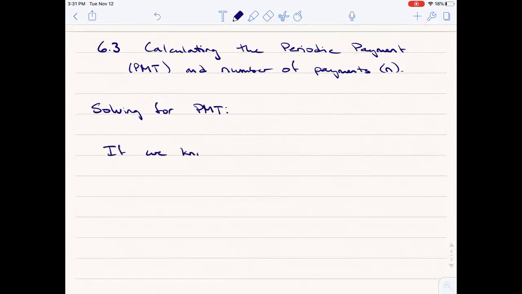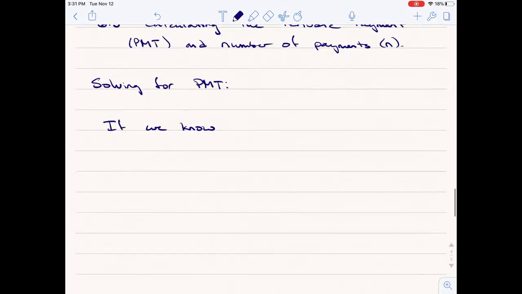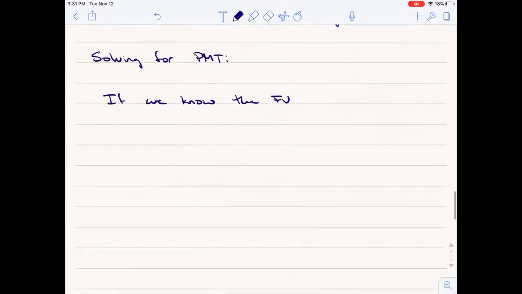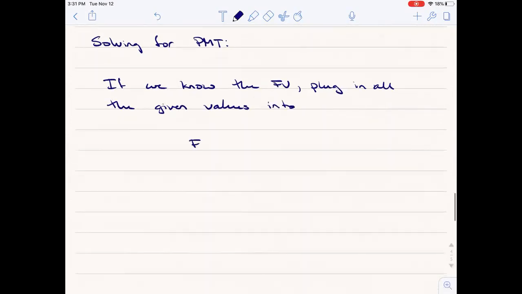If we know the future value, then plug in all the given values into the future value formula.